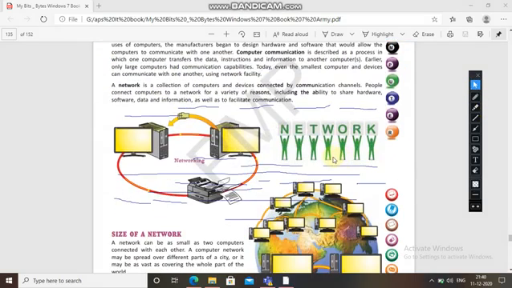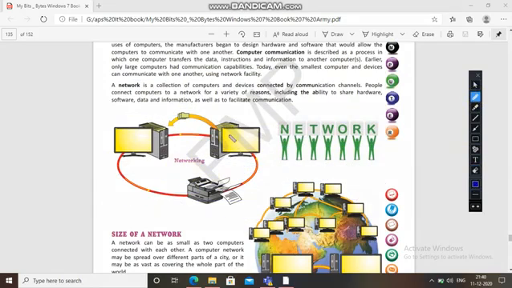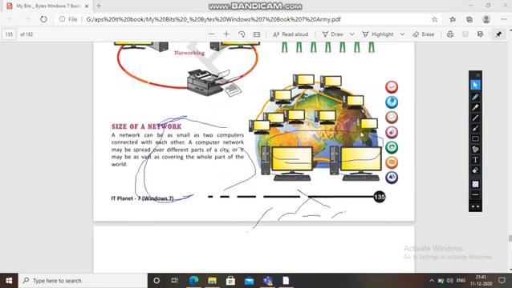Like as you can see over here, networking. Okay, so you see the two computers are connected with each other, and they are sharing their hardware, resources and software also. So this is a part of network, that computers are connected with each other. See, the different computers are connected with each other. All are connected with the network.